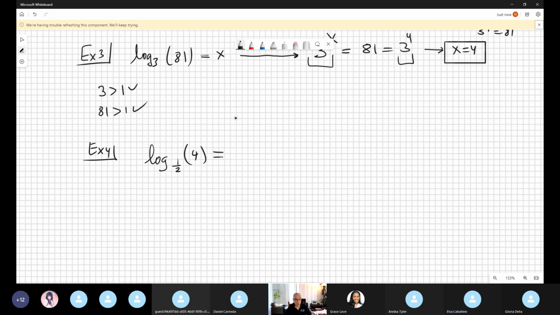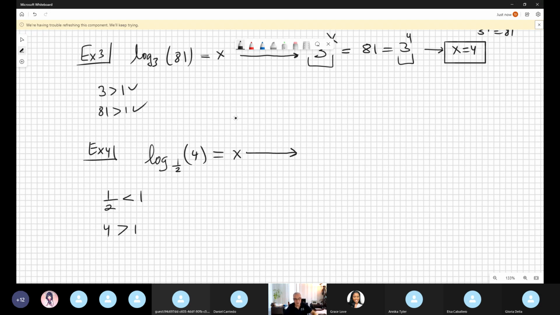Exactly, because 1/2 is less than 1 and 4 is greater than 1. You see the contradiction. So at one moment of the game, definitely I need to flip. Therefore, a negative exponent.